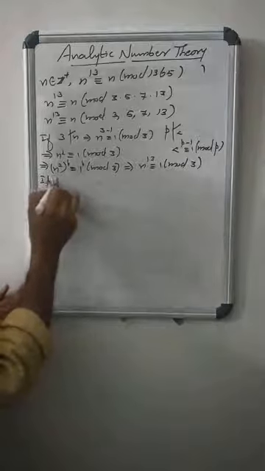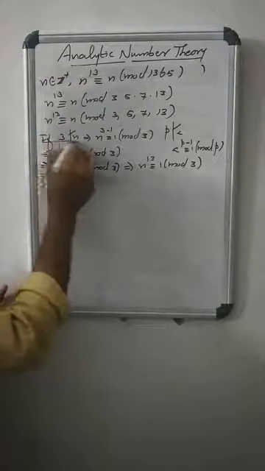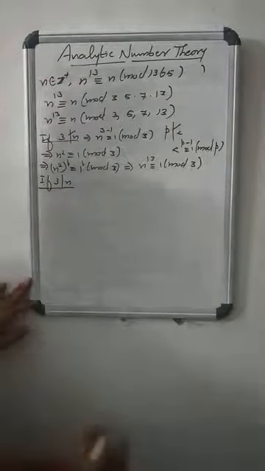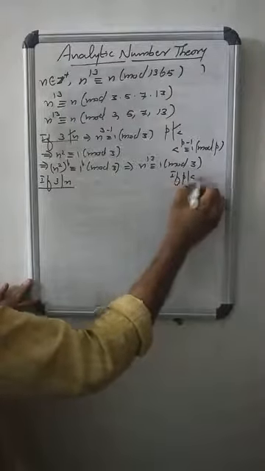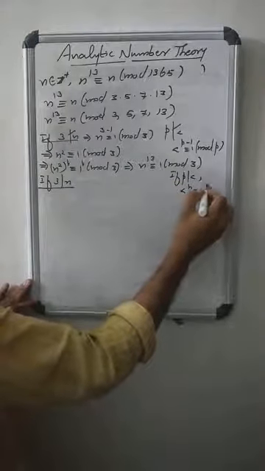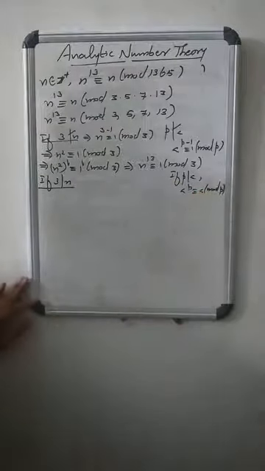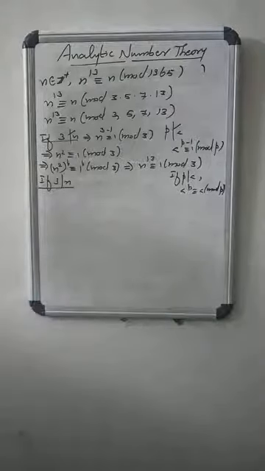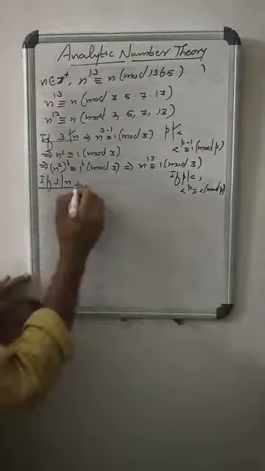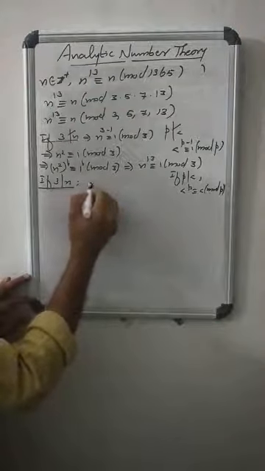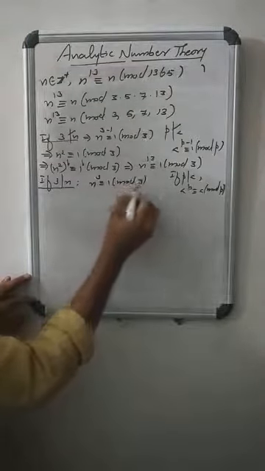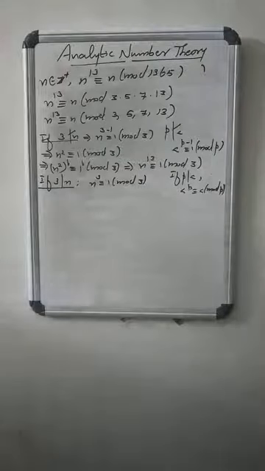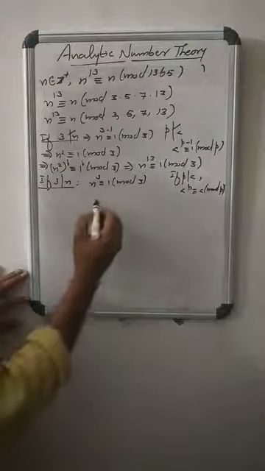If 3 divides n, what happens? This is the second case. The little Fermat theorem states, if p divides a, then a power p is congruent to a mod p. If 3 divides n, then clearly n cube is congruent to n mod 3.